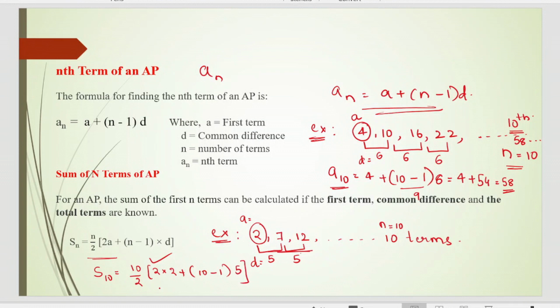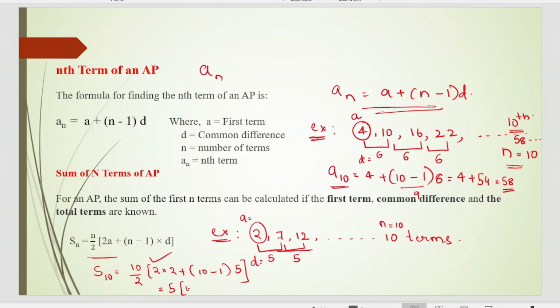Which is 10 by 2 is 5, times 2 into 2 is 4, plus 10 minus 1 is 9, 9 into 5 is 45. So you will get 5 into 45 plus 4 is 49, which is 49 into 5 is 245. So you will get S10 = 245. So this is how you find the sum of n terms of an AP. Clear?